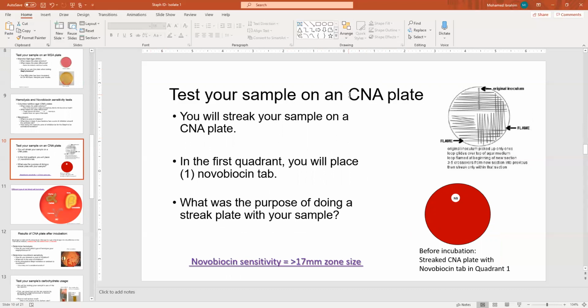You need to know whether it is selective or differential, and whether there is any indicator in the media, what the name of the indicator is, and what the purpose of this media is, okay? CNA is Columbia nalidixic acid media.